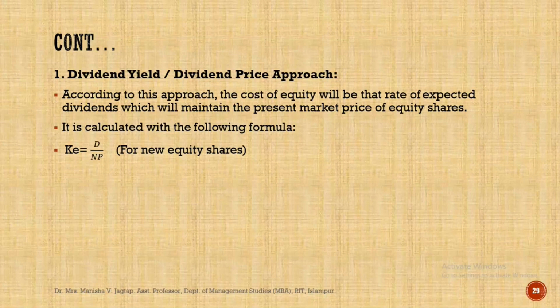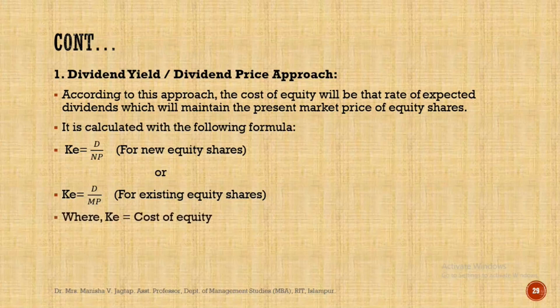This formula is used for calculating cost of equity for new equity shares, or we can use the formula KE is equal to D divided by MP. This formula is useful for existing equity shares.